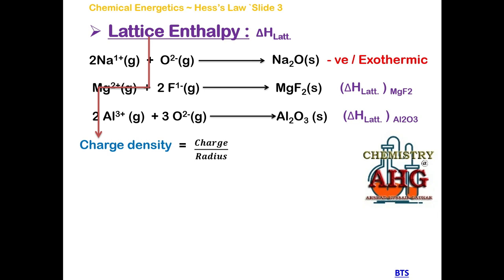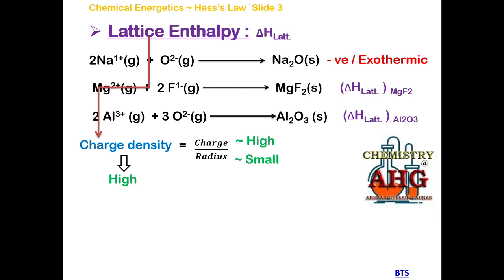Now, you can also remember when the charge density of an ion can be high. Charge density of an ion can be high when charge is high and radius of that ion is small. Whenever an ion has these properties, high charge and small radius, its charge density would be high. And remember, whenever there is a compound having a high charge density, that compound would have strong ionic bond.